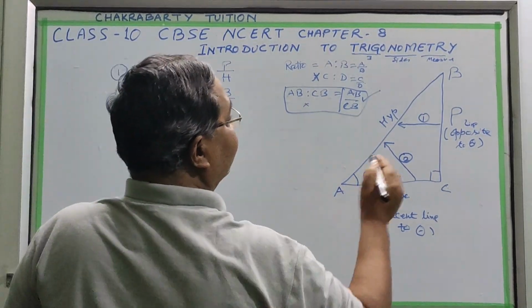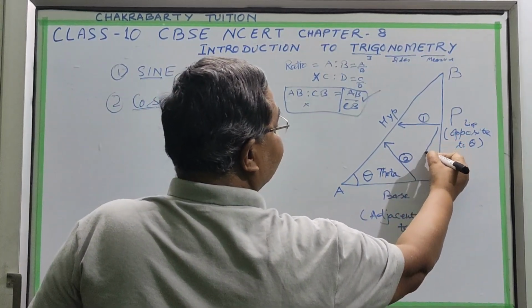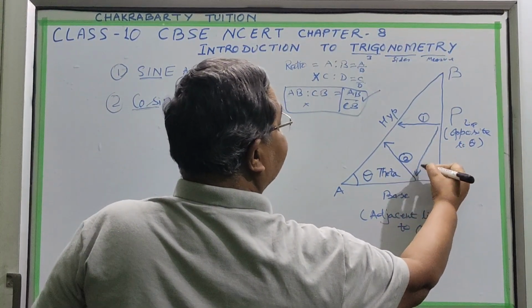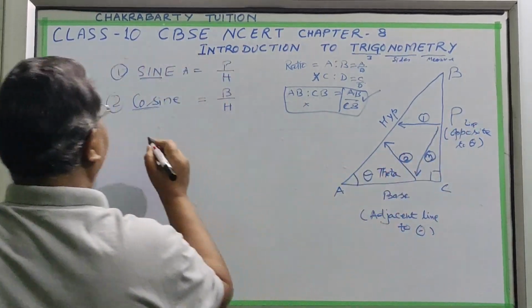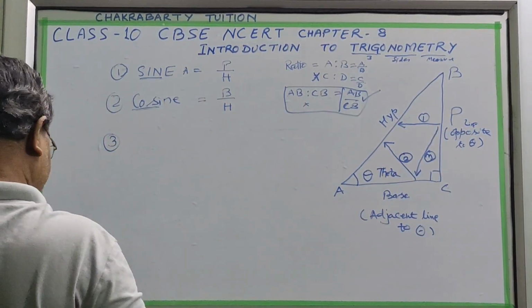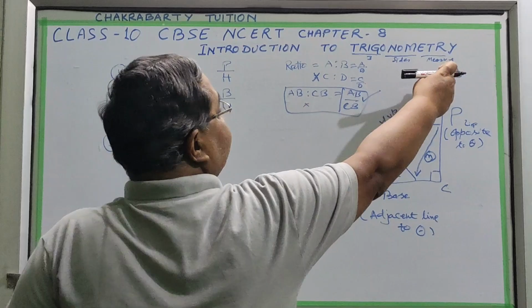Now your third ratio is coming. The third relationship is like this. You see, it is a tangent line.